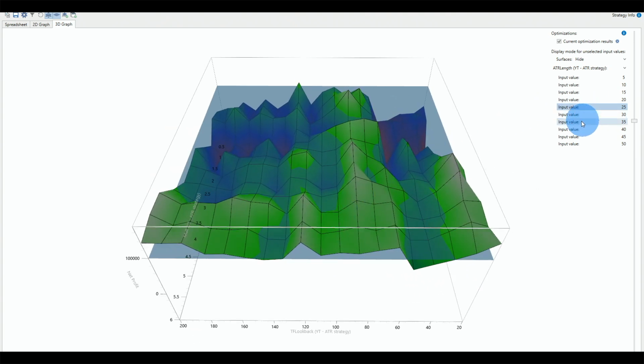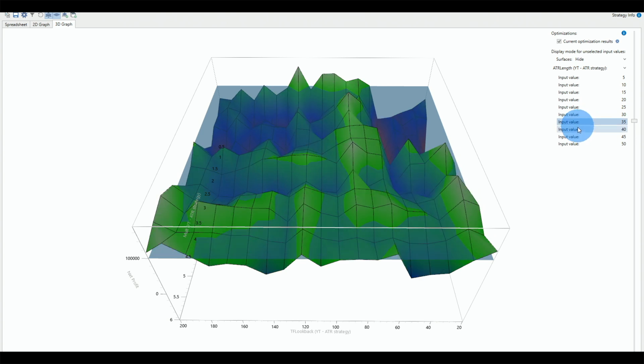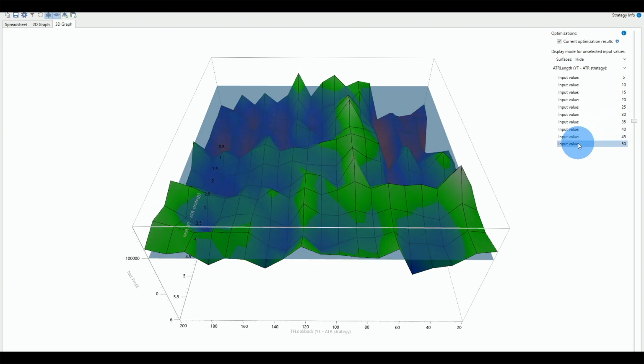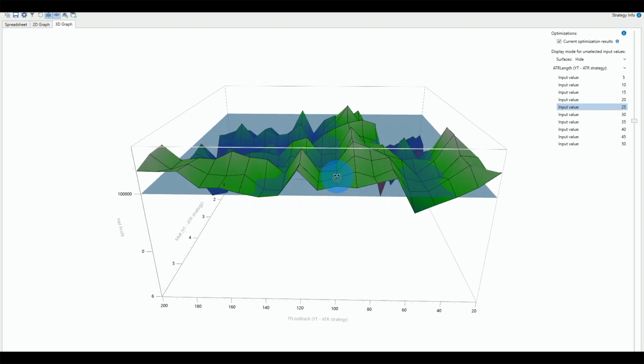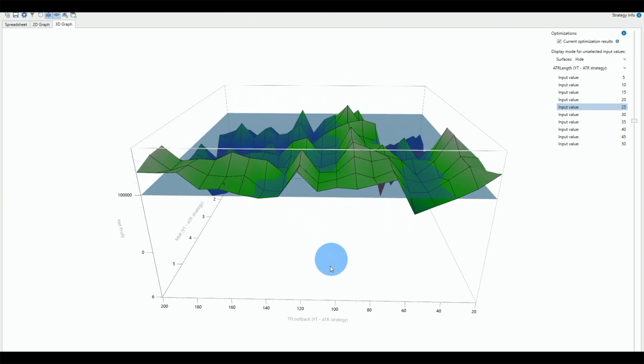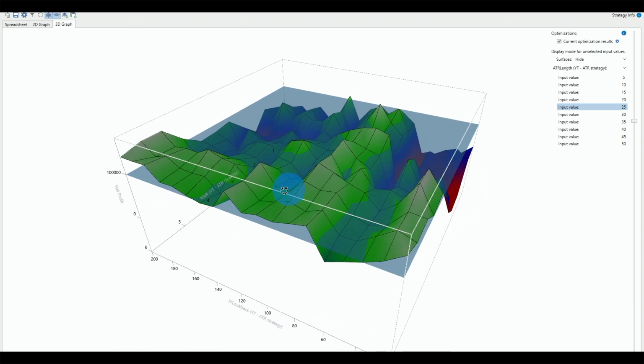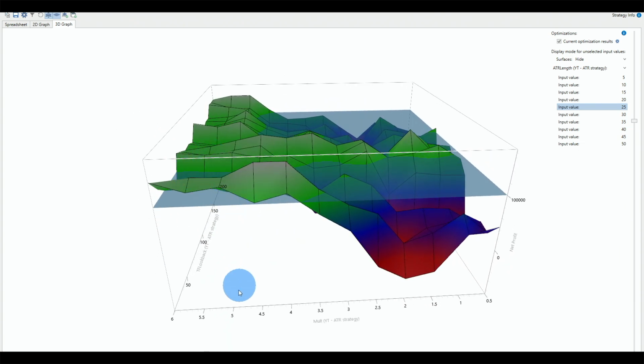So let's see. So we have 25. Let's see if we have more here. And then nothing changed. So 25 is good. So, okay. Look back period of ATR is 25. And now I will pick this area. So this is 100 on the linear regression look back. And going from this side, this is 5, the multiplier.